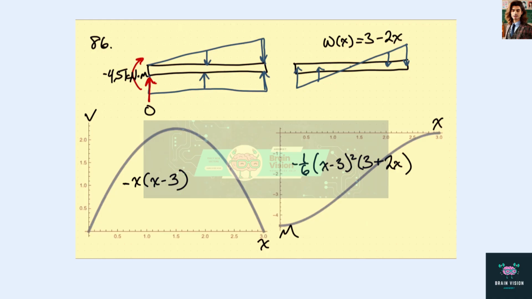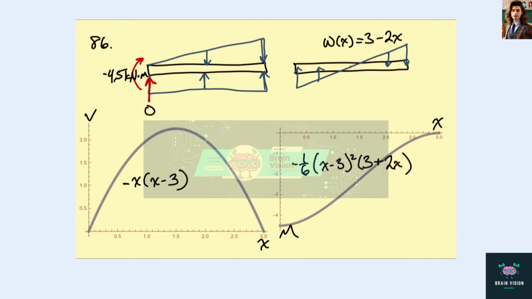Then we can integrate this to find the function for the moment. And then we know the moment out here at x equals 3 is 0, so we can find the constant of integration. If we integrate this, find the constant of integration, and do some manipulating of the function, what we wind up with is minus 1/6 times the quantity x minus 3 squared times 3 plus 2x.